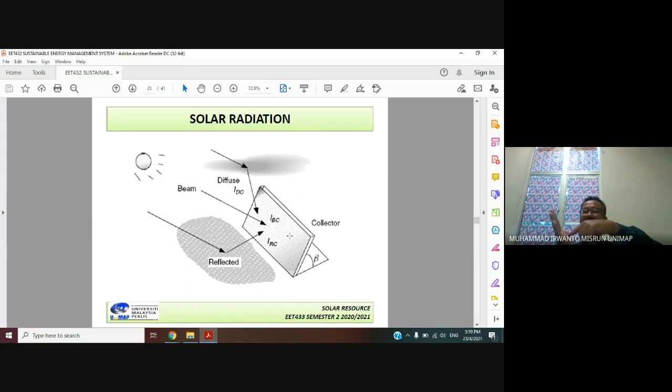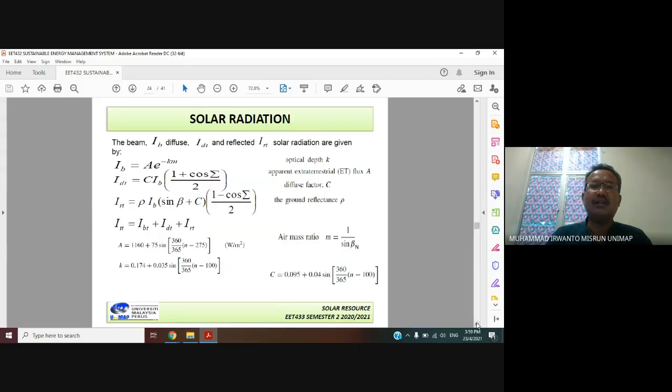Global solar radiation is equal to beam plus diffuse plus reflective solar radiation. When the solar radiation passes the grass or tree, the grass has a reflective factor. We have some formulas to calculate the total or global solar radiation.